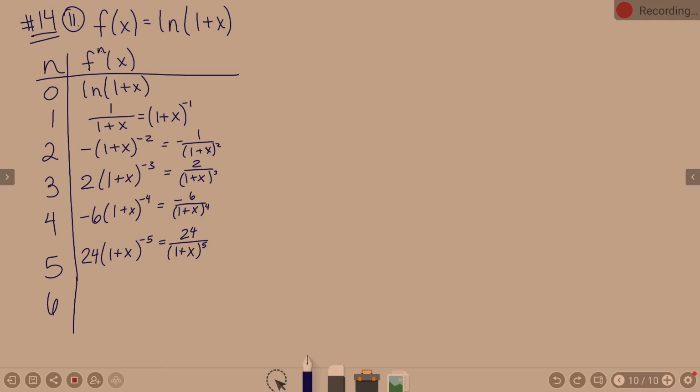One more derivative. Multiply the negative 5 out front. Negative 5 times 24 is negative 120 over 1 plus x to the negative 6. As a fraction, negative 120 over 1 plus x to the 6th power. Okay.